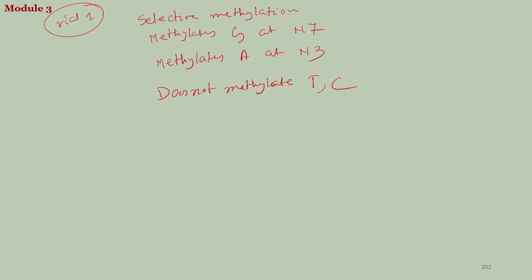Now, if it methylates, then what happens? So, if you look at the DNA helix, there is major groove and minor groove, and if you look at the base pairings, I will look at the CG base pairing first.